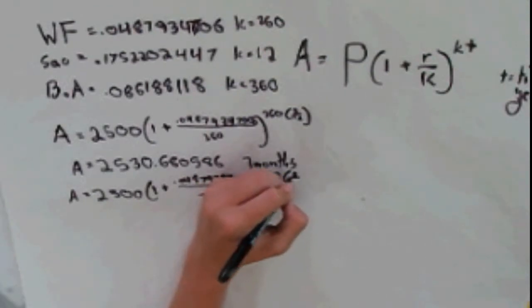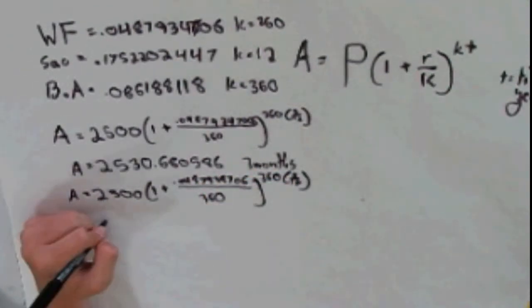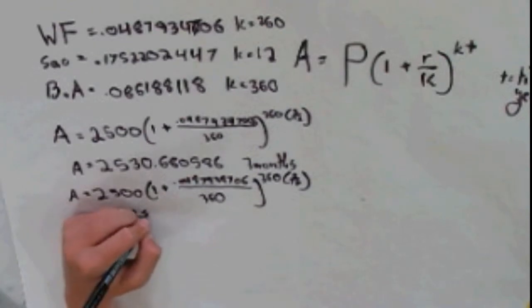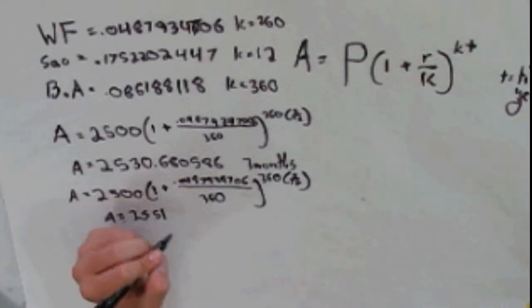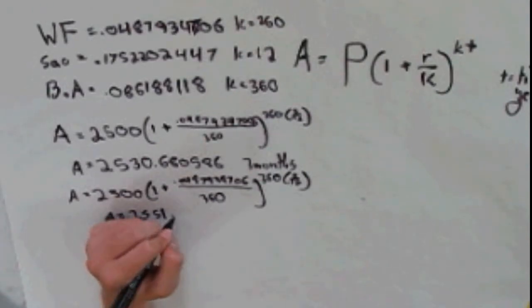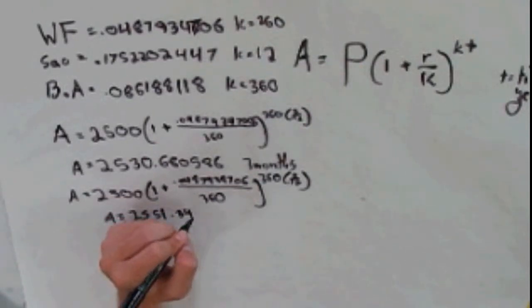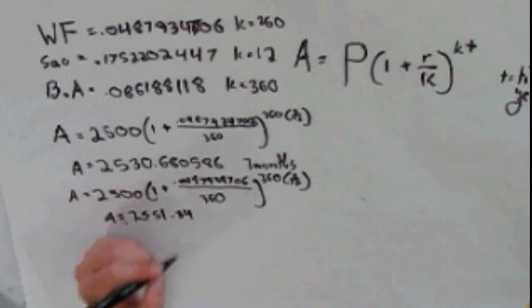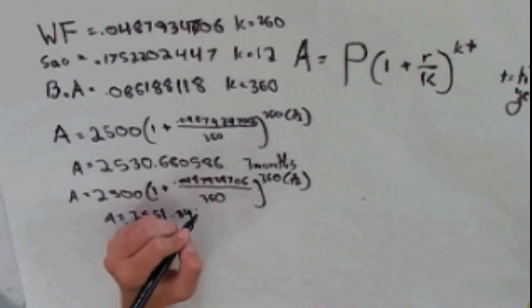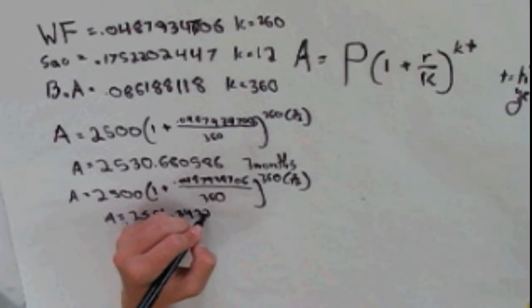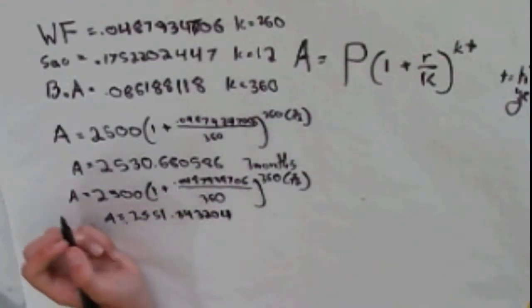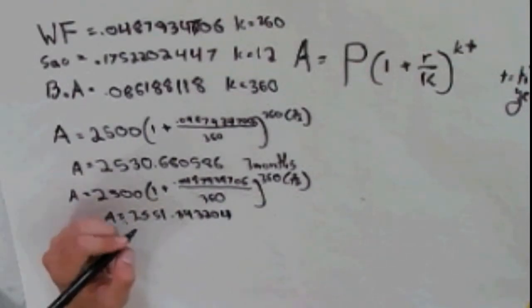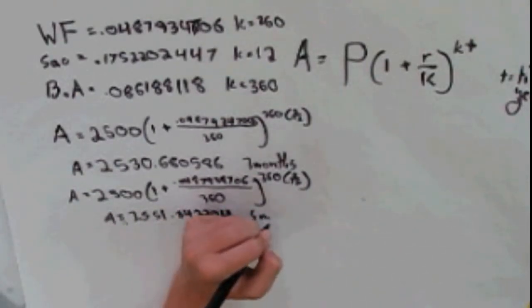T is 5 over 12, and that equals 2,551.343204. And that was 5 months.